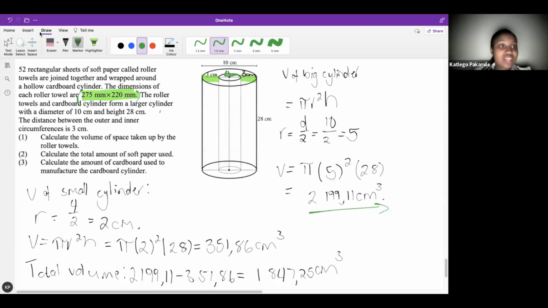So how do we calculate it, guys? We've been told that 52 of them have been used. I see where question C is going. If one of them has this dimension, we have to work out how many.